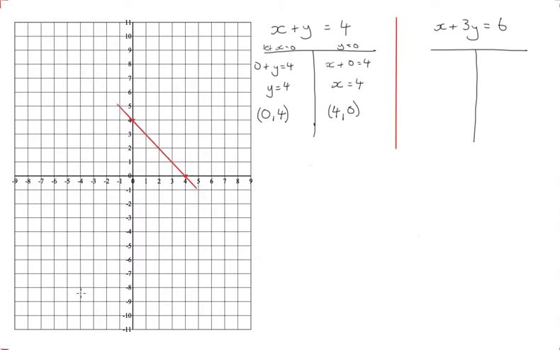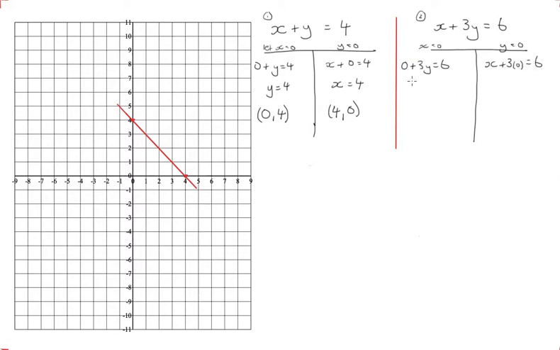Okay, so we've drawn the line for equation number 1. Now, equation number 2, let's do the same thing. x is equal to 0 on this side, y is equal to 0 on this side. If x is equal to 0, it's 0 plus 3y equals 6. And over here, x plus 3 times 0 equals 6.